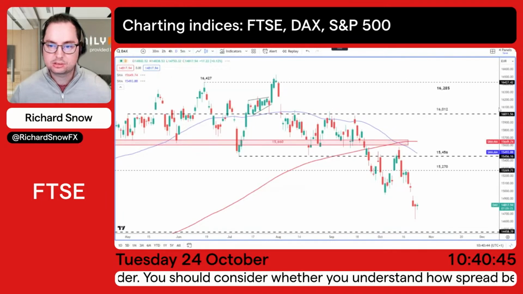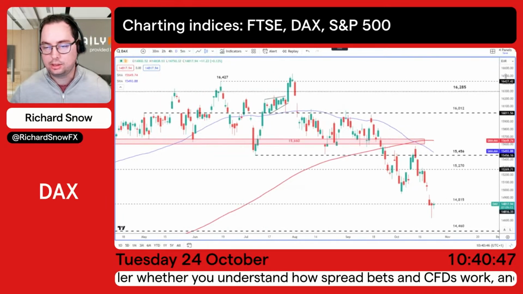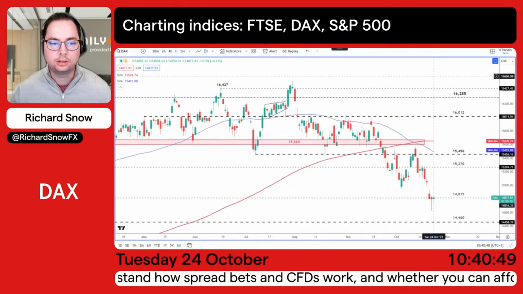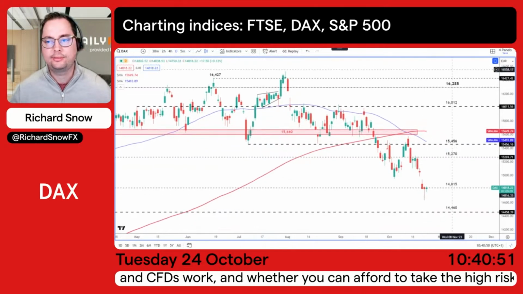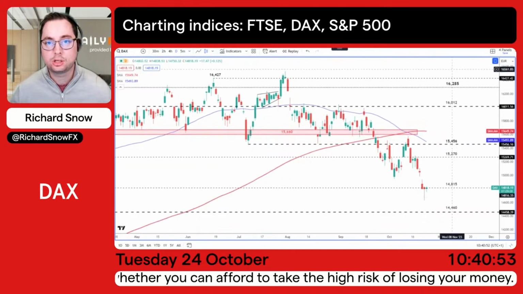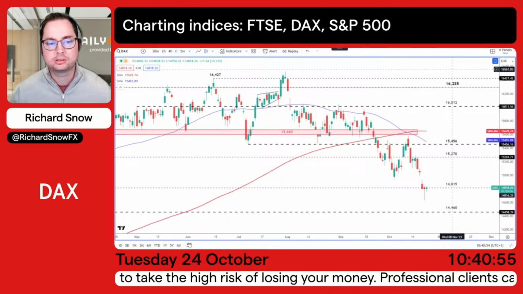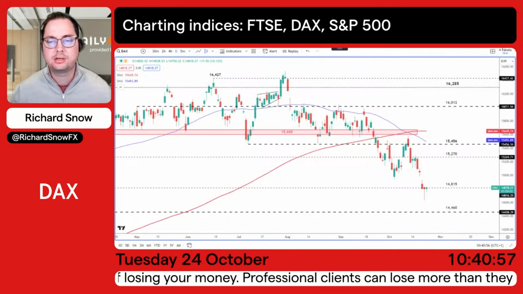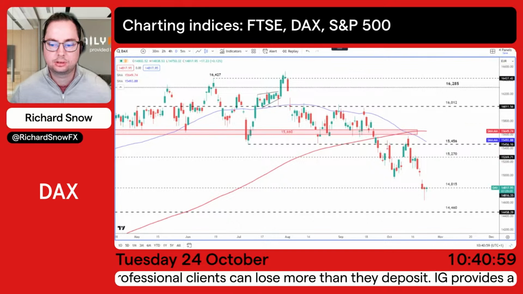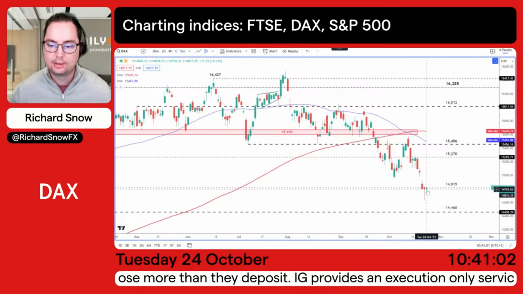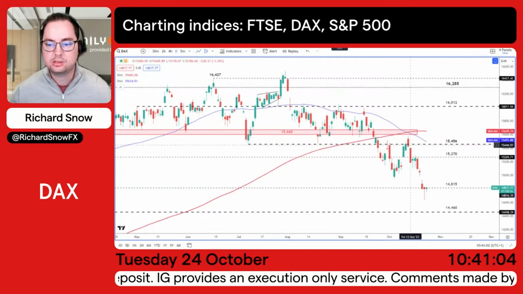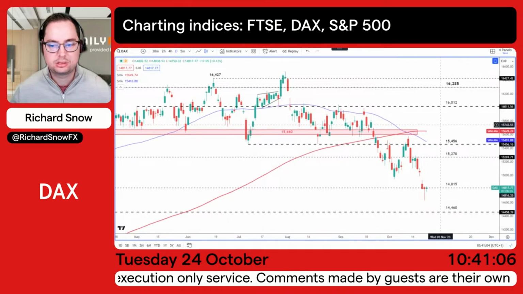If we look at the DAX, of course, the PMI data in the Eurozone is really not doing any favors, particularly in Germany, where I believe the composite was still down this time around. And of course, we're seeing continued selling with the DAX.